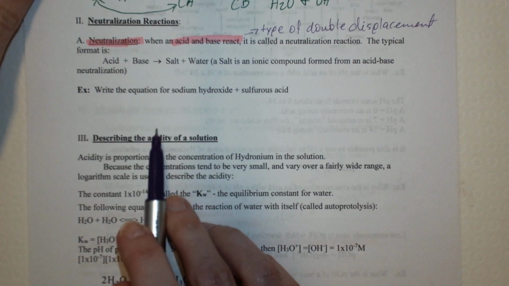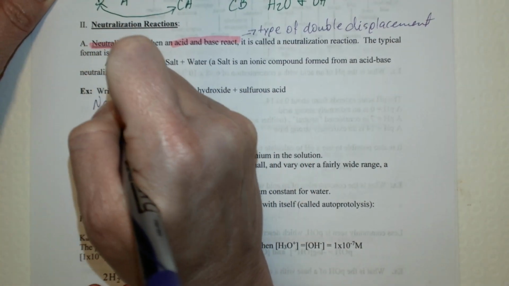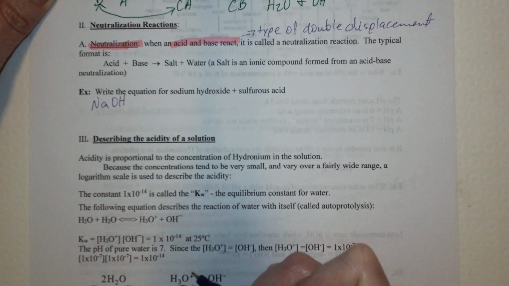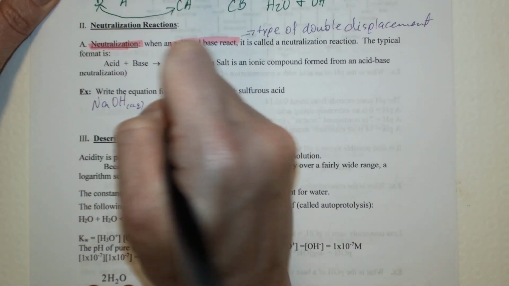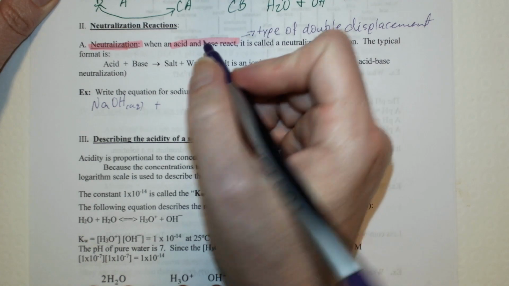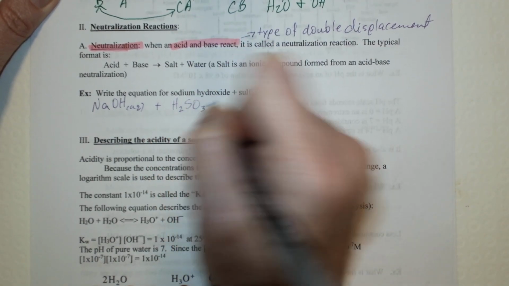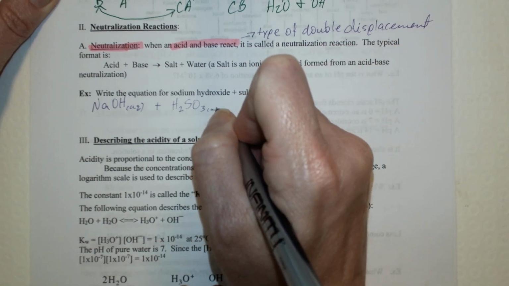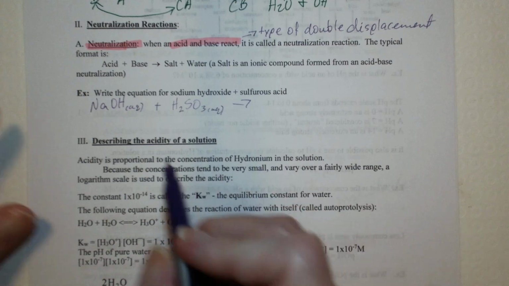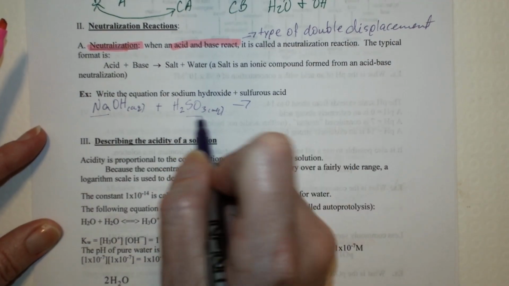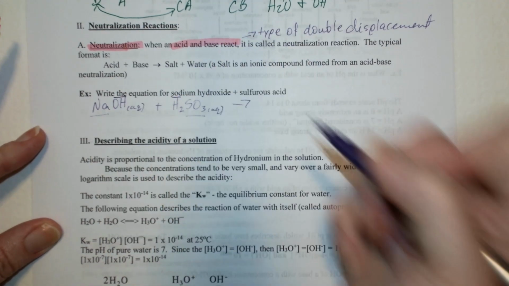So if you had to write the equation for sodium hydroxide and sulfurous acid, I'd have sodium hydroxide, NaOH, and I'm going to assume that that's aqueous because it is a strong soluble base. And if I mix that with sulfurous acid, H2SO3, that's aqueous because it's an acid. So then these two go home together, and these two go home together.